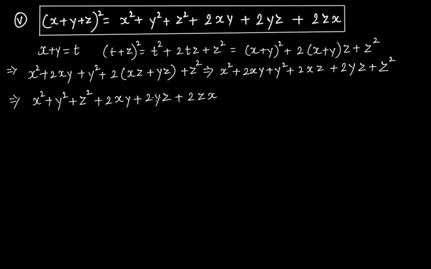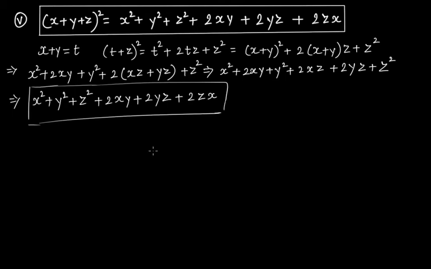So it's like in a rhythm: x² + y² + z² + 2xy + 2yz + 2zx. So this is basically what we had to prove, and this is (x + y + z)².